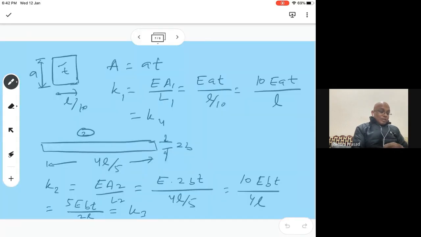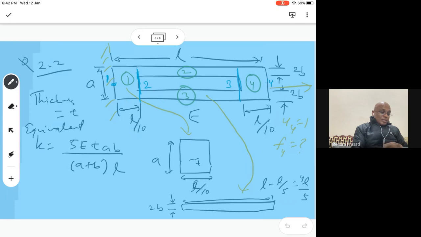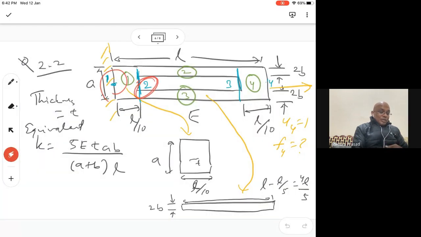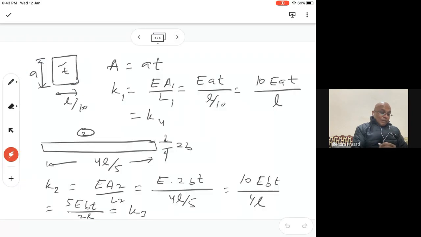Now, when you assemble, we have to look at the connection. First is from 1 to 2. So 1 to 2 is the first element, and the K is this, 10 EAT over L. What we see here common, we can find out in both: we have E here also, T here also, and L here also.